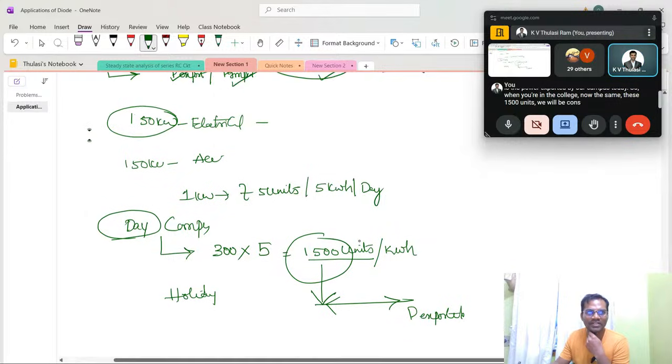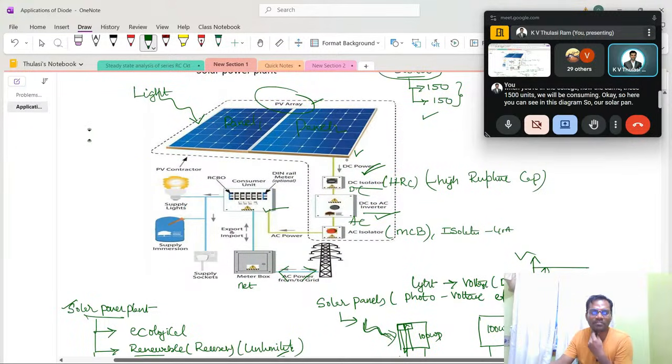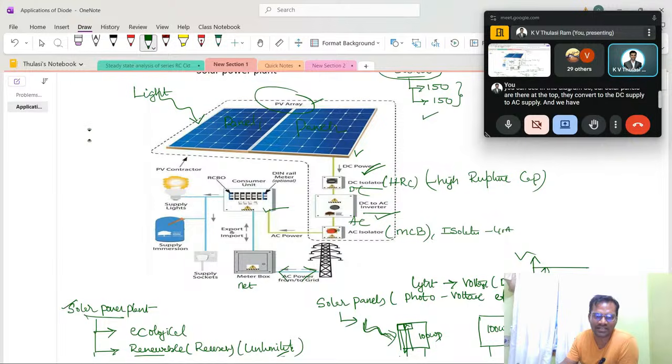Okay, so here you can see in this diagram, our solar panels are at the top. They convert the DC supply to AC supply, and we have the inverter connected here. Now our solar plant has generated how many units? 1500 units, and no one is there to turn on the fan, light or computer.